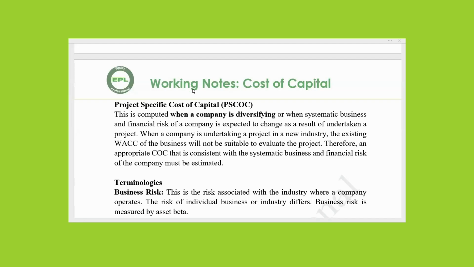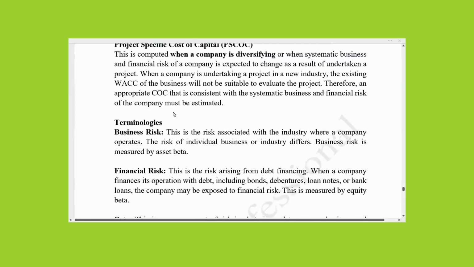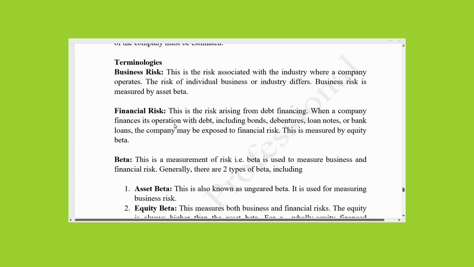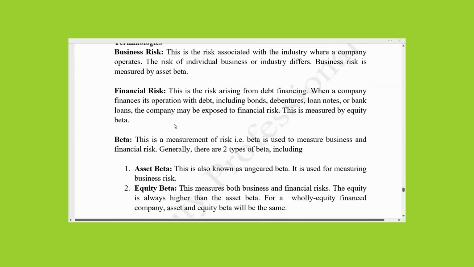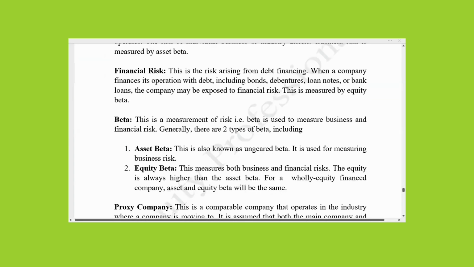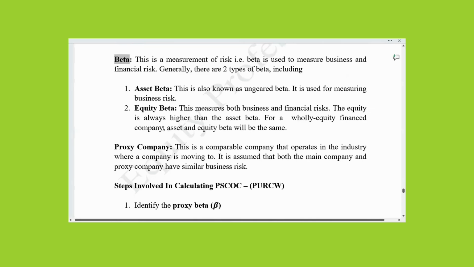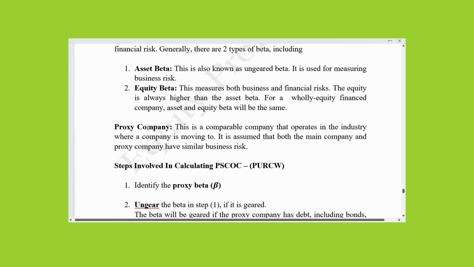We talked about some terminologies, which I'm not going to repeat. Of course, we talked about what is business risk, what is financial risk, and how you measure business and financial risk. We said to measure business and financial risk, you need a beta value, and beta value is divided into two: asset beta and equity beta. We also talked about a proxy company.